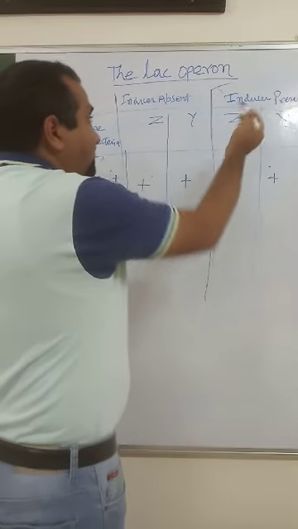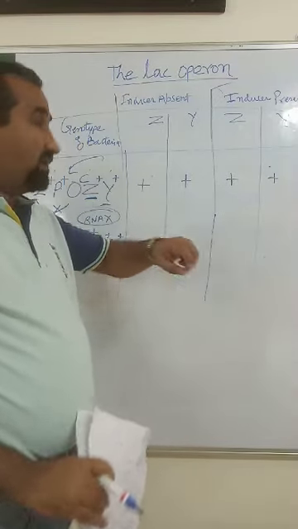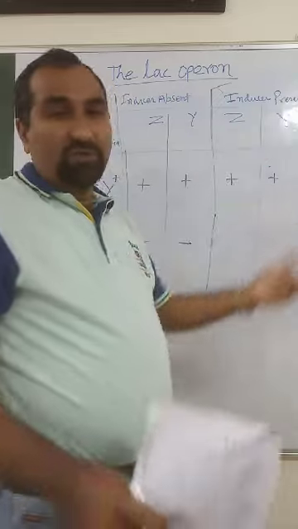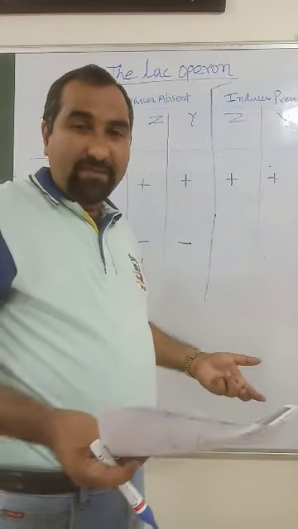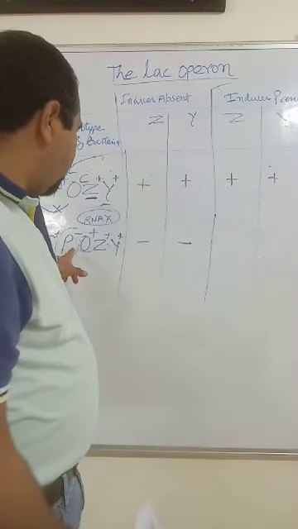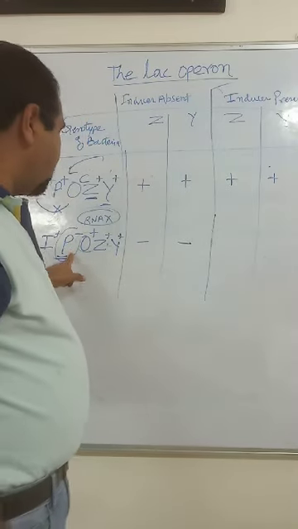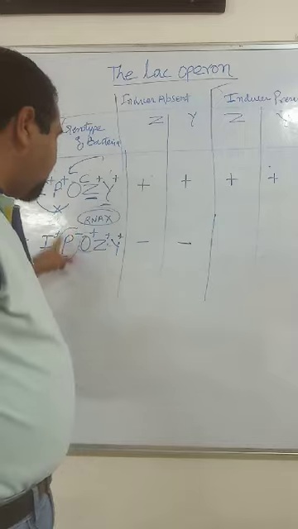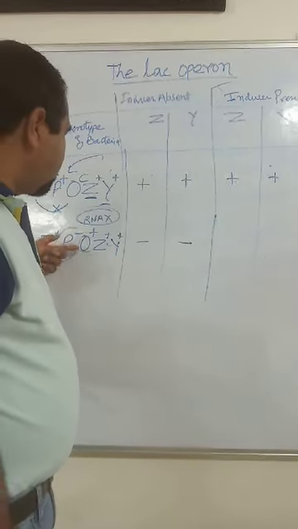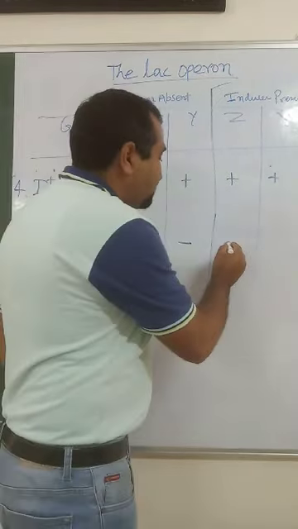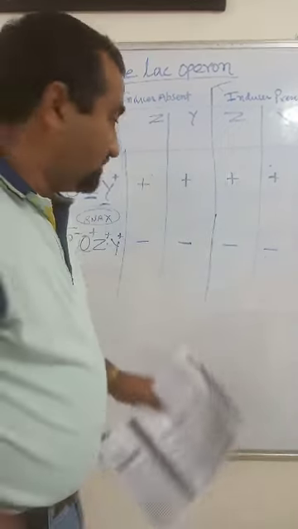And similarly, if inducer is present, this inducer molecule has no significance if the promoter sequence is mutated, because RNA polymerase cannot bind, so there will be no expression of these genes.